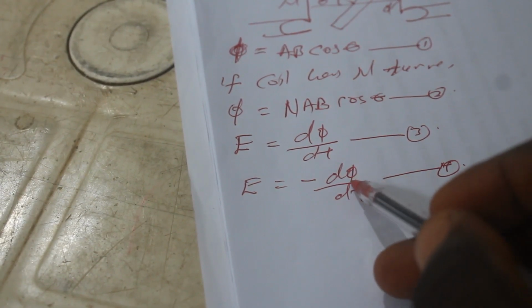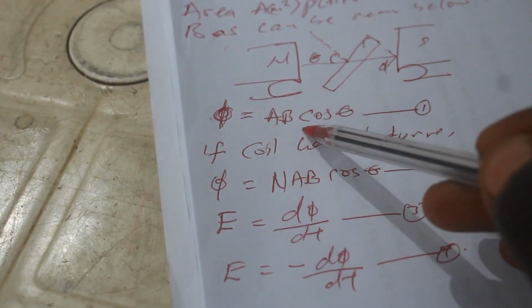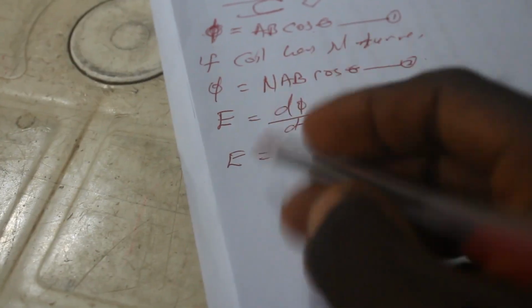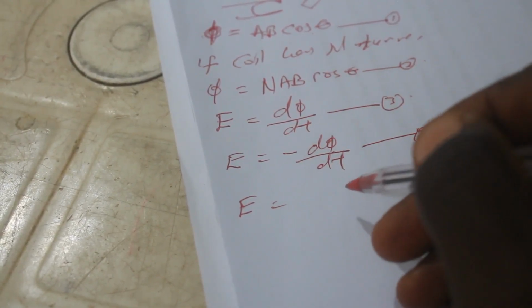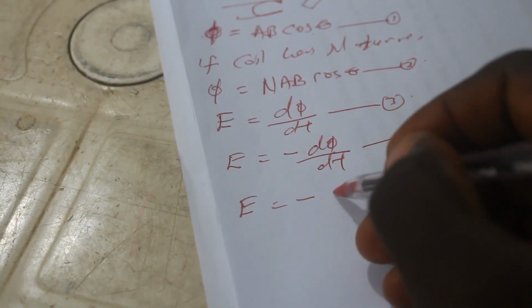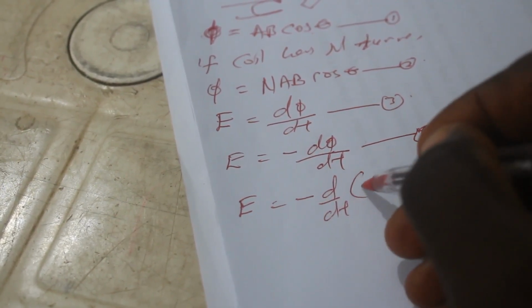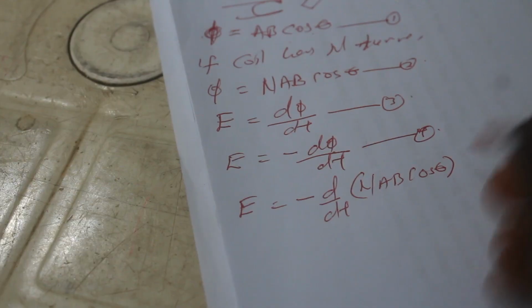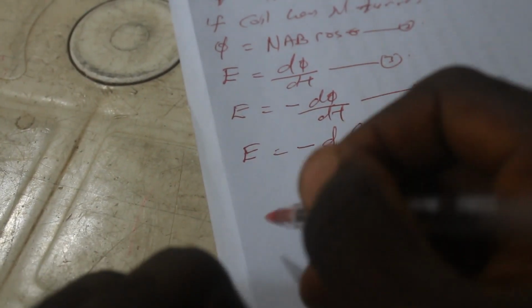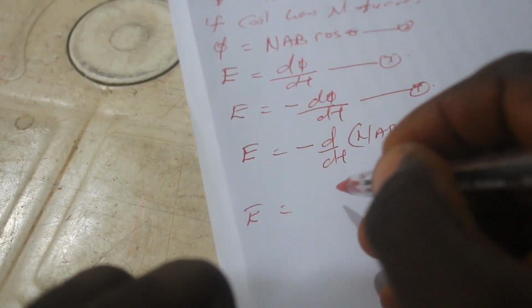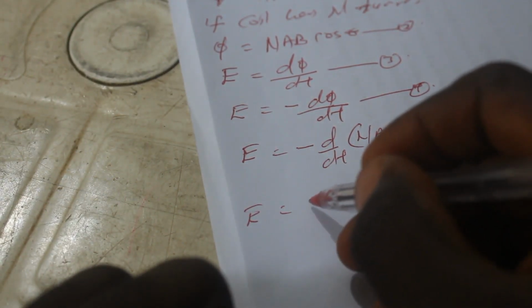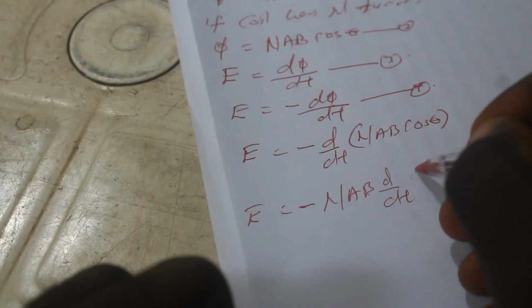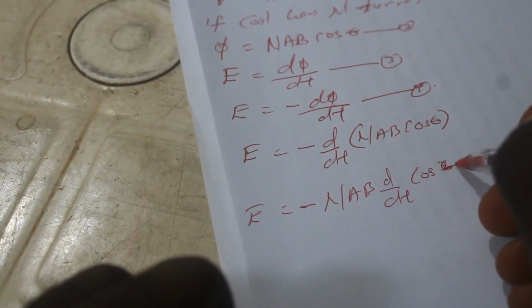From equation 2, phi is equal to NAB cos theta, so you can put that in place of phi. Equation 4 now becomes E is equal to minus d/dt of NAB cos theta. Of course, the constants can come forward, and so we have E is equal to minus NAB d/dt of cos theta.